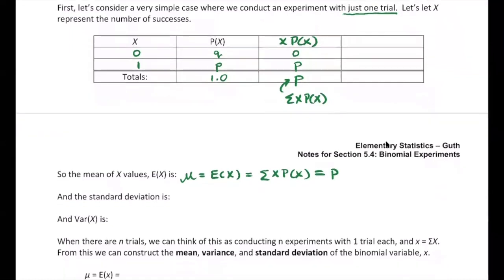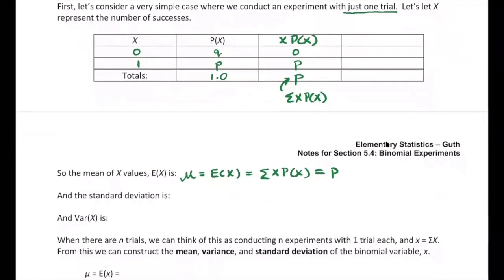Now, the standard deviation, just a little more complicated. Sigma is the square root of the sum of x squared p of x, again, that's a capital X, minus the mean squared.